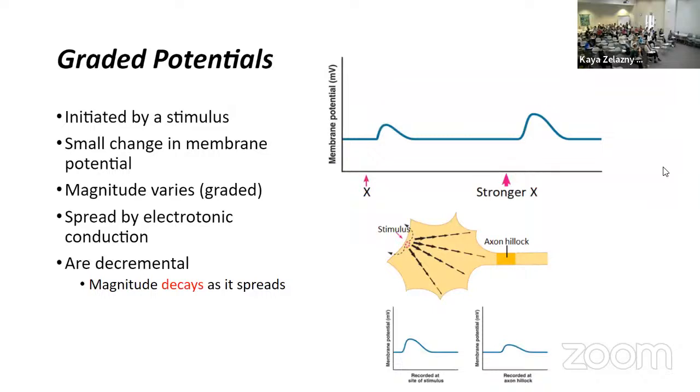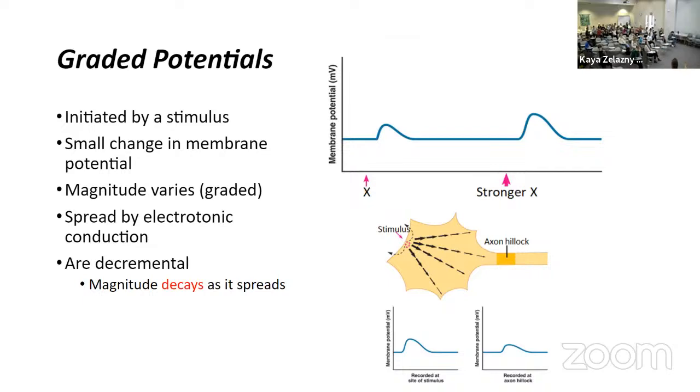So let's think about our graded potential. A graded potential is going to be one of those small changes to the membrane potential, and it's going to be happening in a location. It's going to happen when we have some type of signal or stimulus come in at part of our cell.